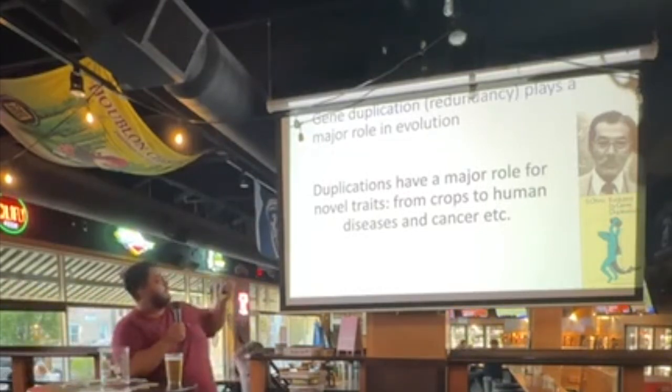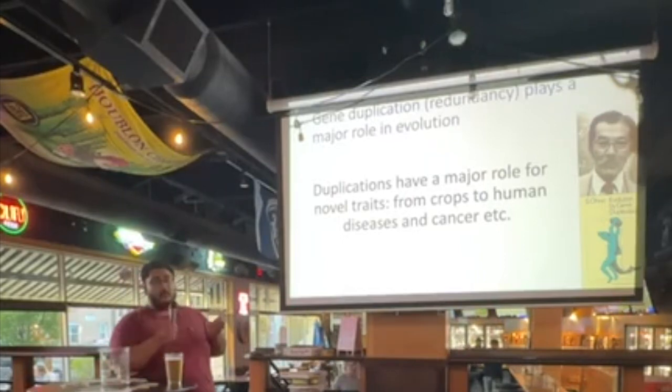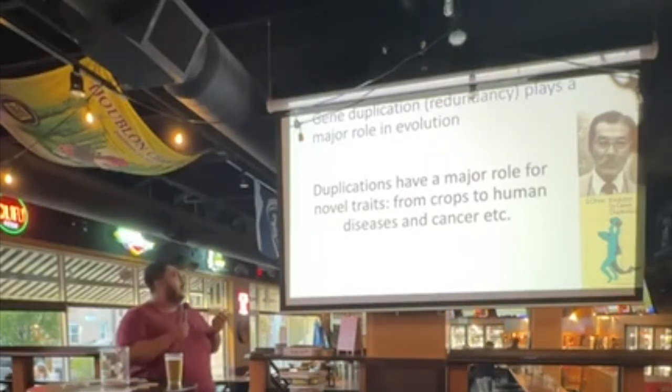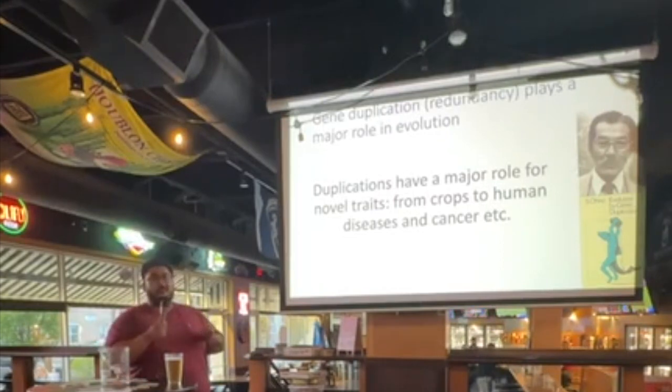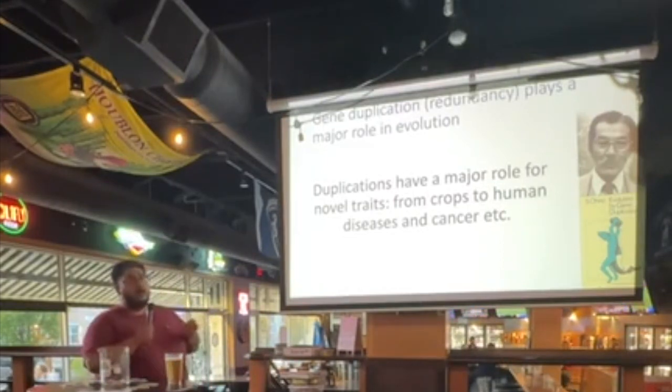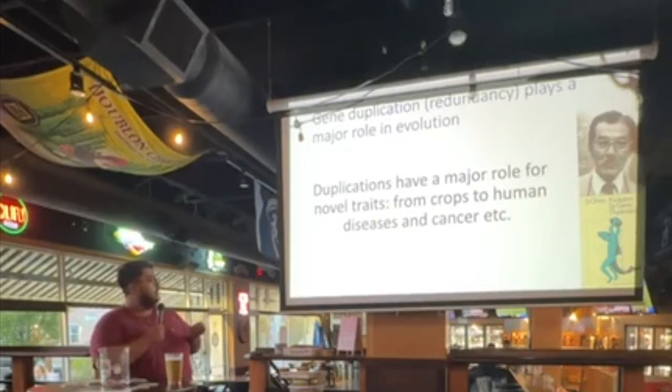This book posits that gene duplications or redundancy of genes plays a major role in evolution. Summing this book up into one sentence, duplications have a major role in novel trait development, from how crops are developed to human diseases and cancer and all sorts of things.